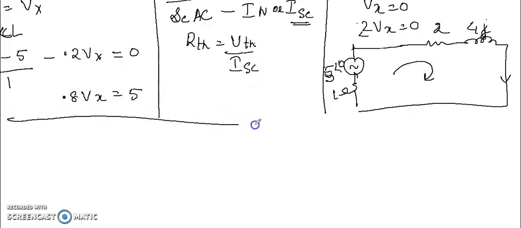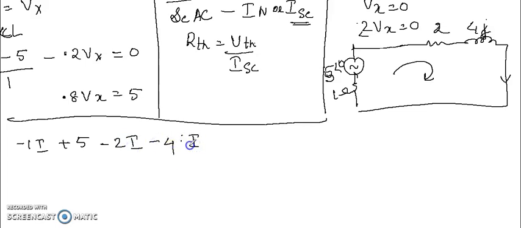So now we can write the equation for this branch as minus 1 into I plus 5 angle 0 is 5 minus 2I minus 4jI is equal to 0. That is minus 3 minus 4jI is equal to minus 5.